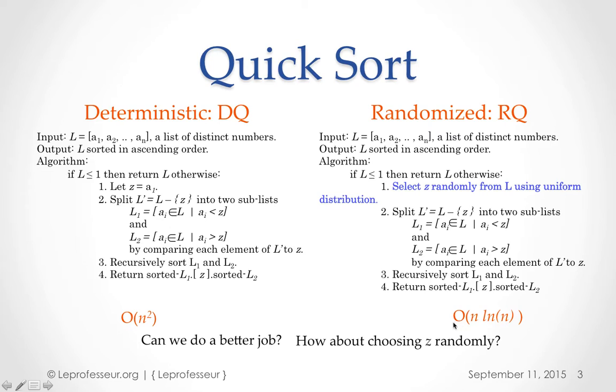Now the important question is how we get this number, big O notation of n log n. So we're going to be working on that. That means we need to do analysis of the randomized quicksort algorithm to get this number. Let's see how we can do that.